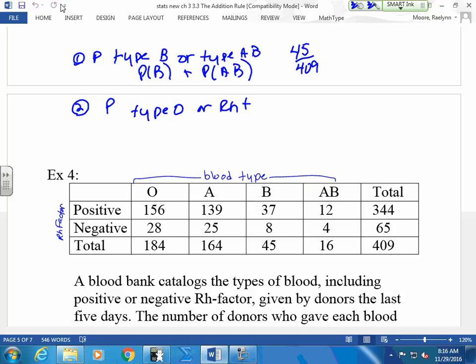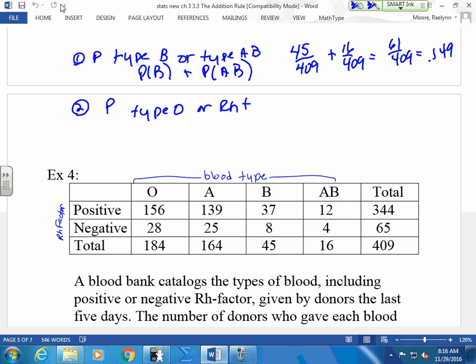No. You have B, you can't have AB. So B has a total of 45 over 409, and AB has what? AB has 16 over 409. So what do you get? Did you get a decimal? 149. Thank you. Okay? That one, mutually exclusive.